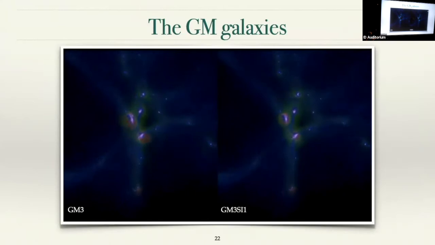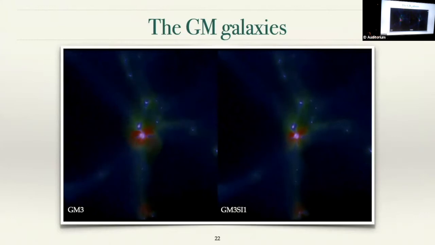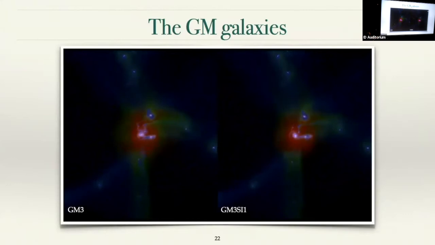So on the left-hand side is GM3, and on the right-hand side is GM3 with SIDM, and the red is feedback. And what you notice throughout the course of the movie is that the feedback looks like it's stronger in the GM3 run compared to the GM3 run with SIDM.